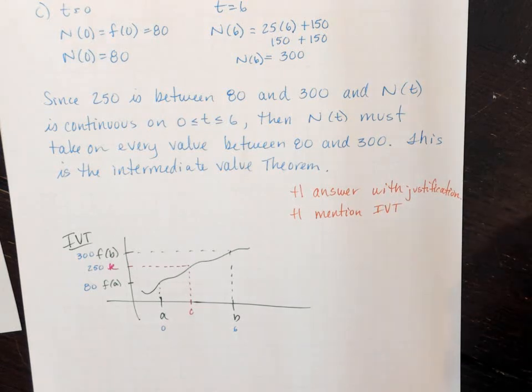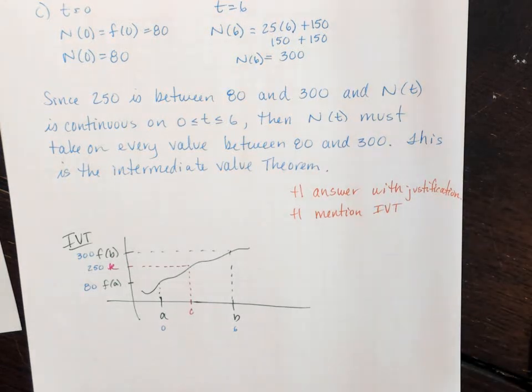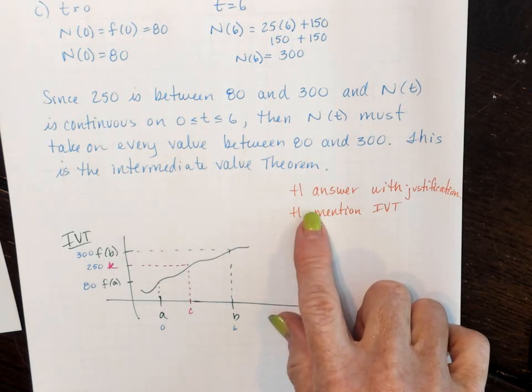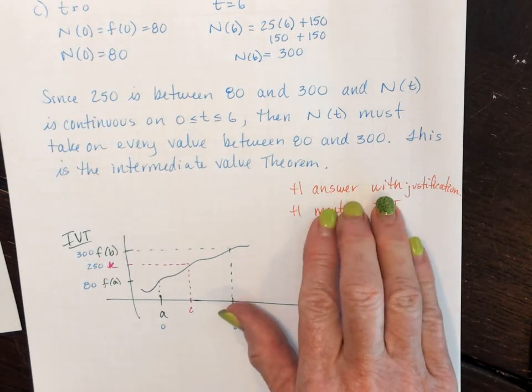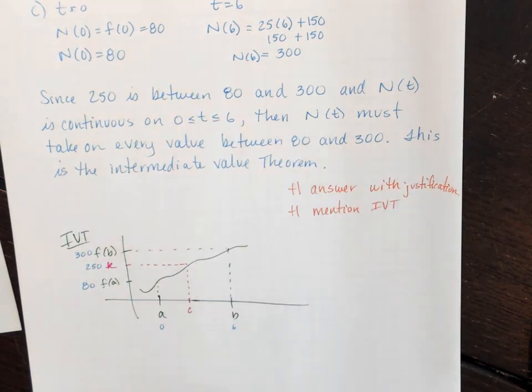When you take the actual AP test, the problems have parts A, B, C, D from many different units, so they only have 9 points to spread out. They may put it in their answer key that it is the intermediate value theorem, but as long as you clearly understand that concept, then you will get that answer point on the actual AP test.